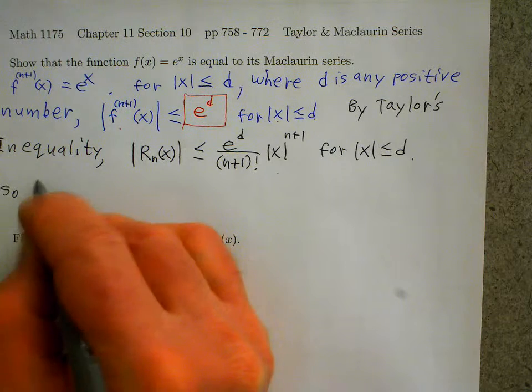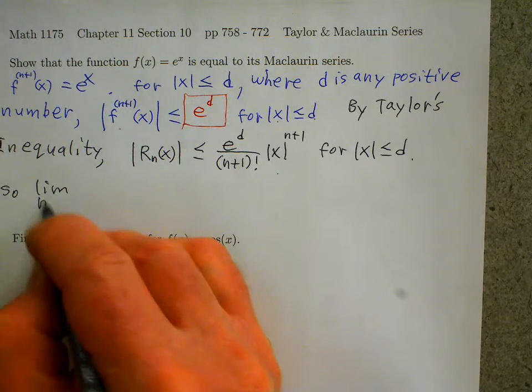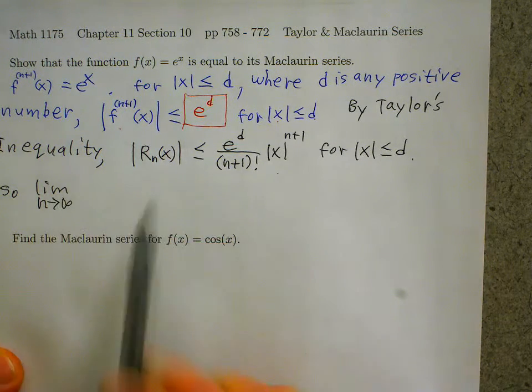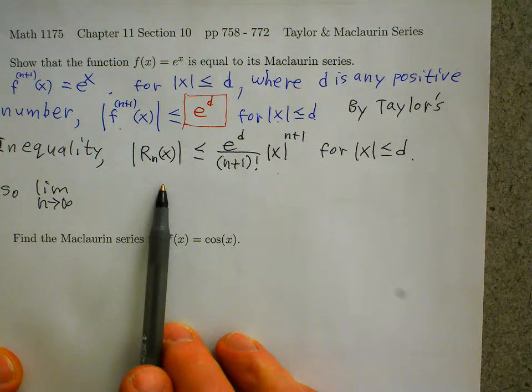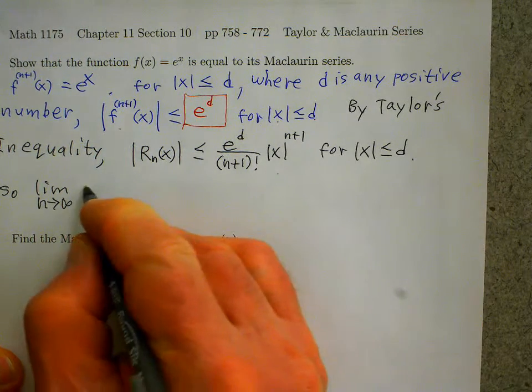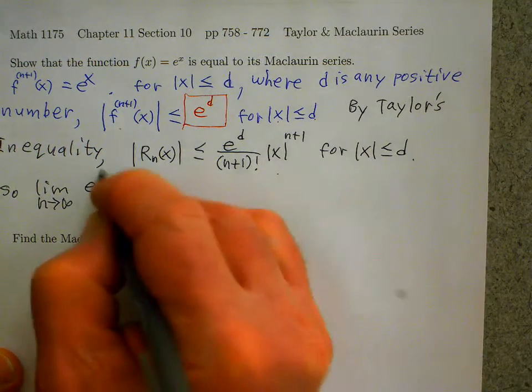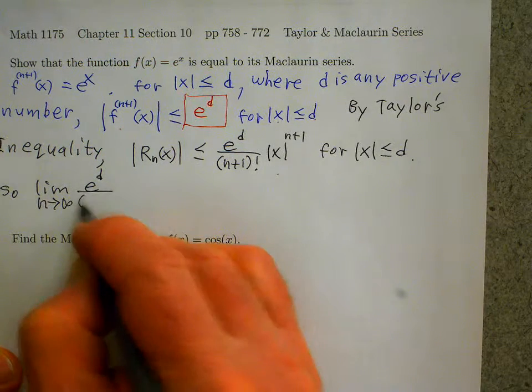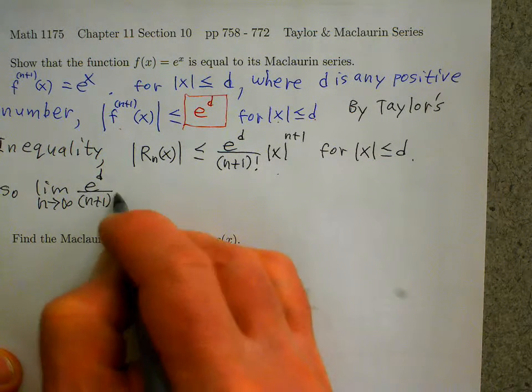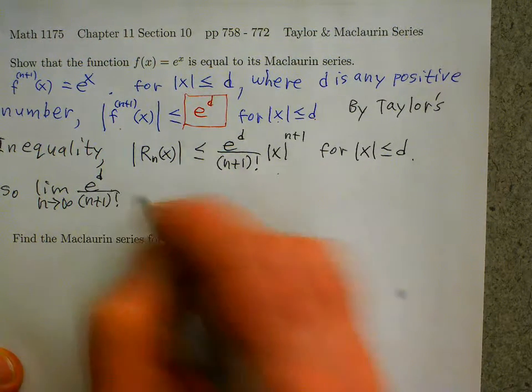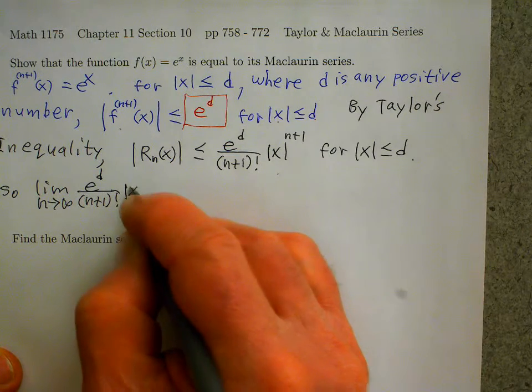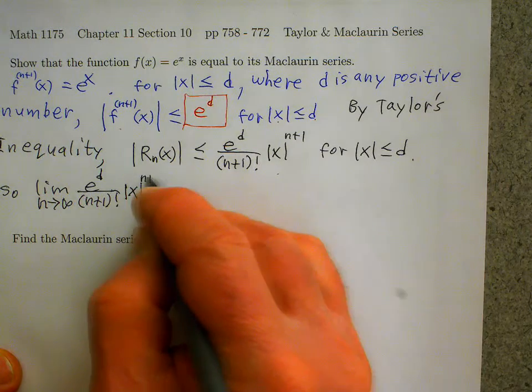So the limit of the absolute value of r sub n of x is just the limit of a constant e to the d over n plus 1 factorial times the absolute value of x to the n plus 1.